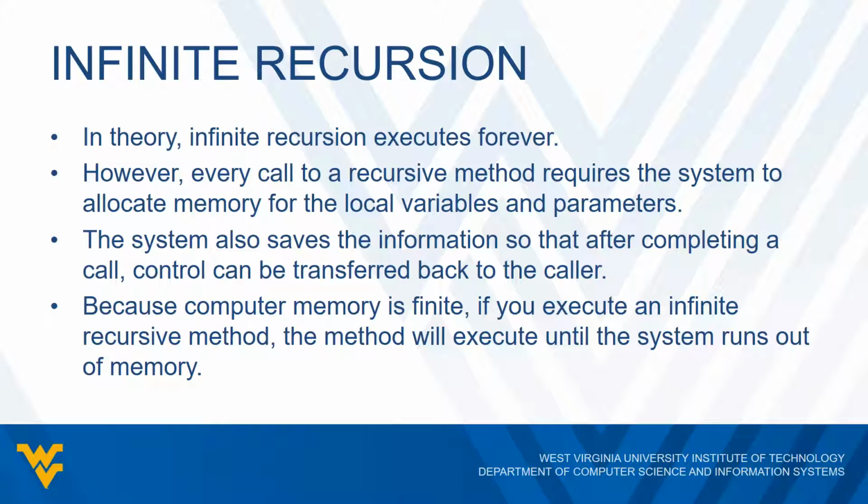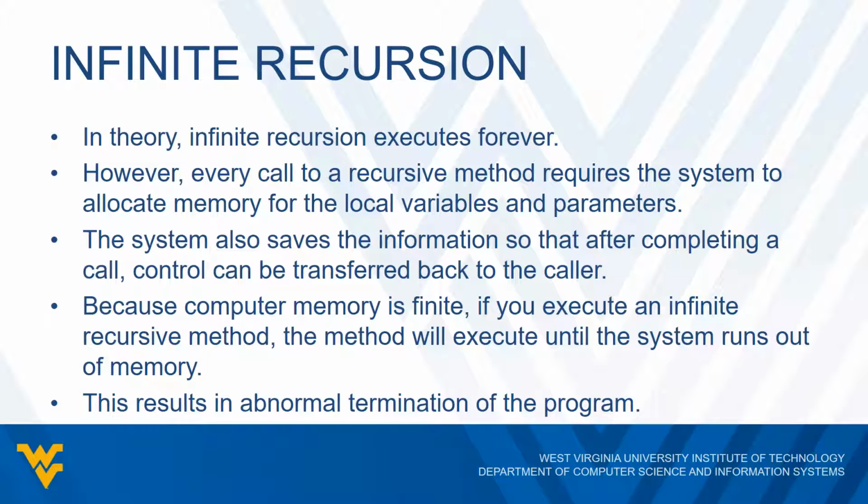We're just going to keep calling methods and keep allocating memory until there's no more room in our method call stack. And this is going to result in some form of abnormal termination of the program, whether it's an exception or whether the program just crashes or whether the computer bursts into flames. Okay, that last part probably isn't going to happen, but something bad's going to happen if you have infinite recursion.